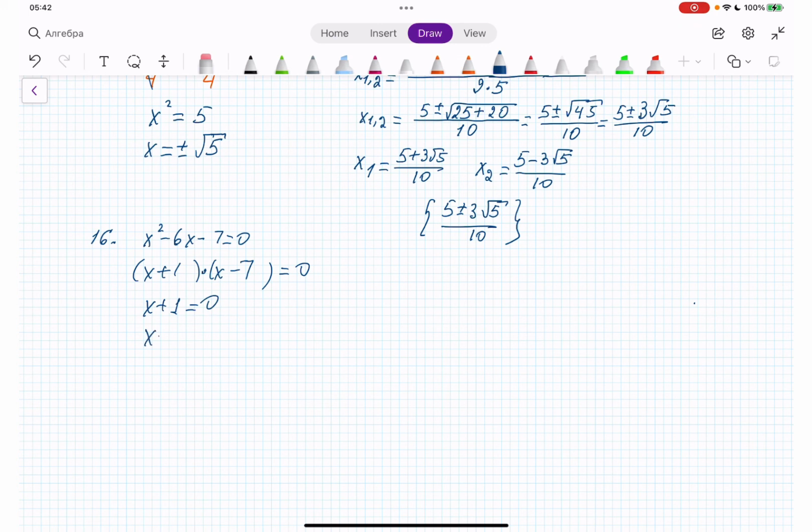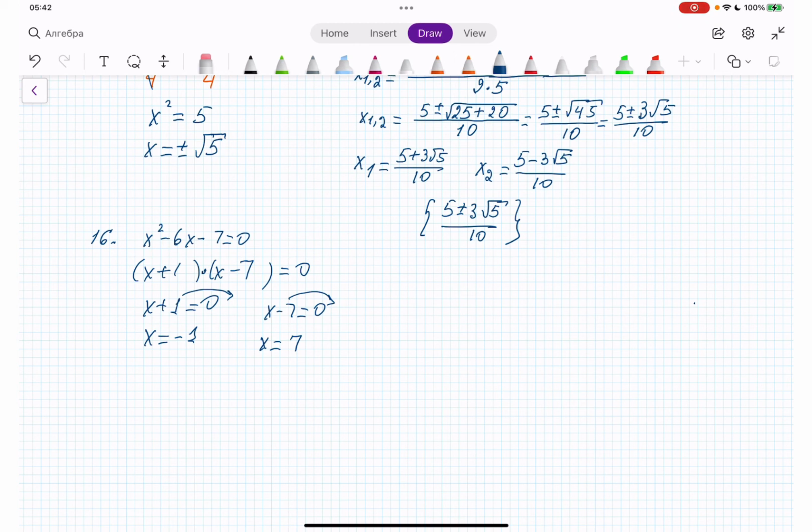From here, x is equal negative 1, right? And x minus 7 equals 0. And x from here is equal, moving here, positive 7. So what do we have? We have two unequal real solutions, right? They are not equal. Two different solutions.